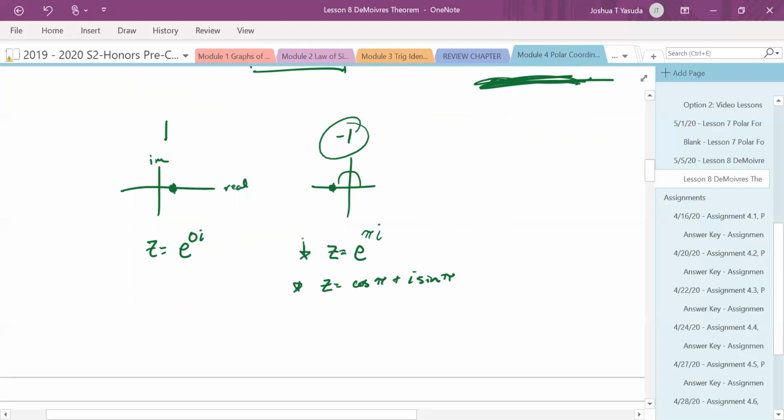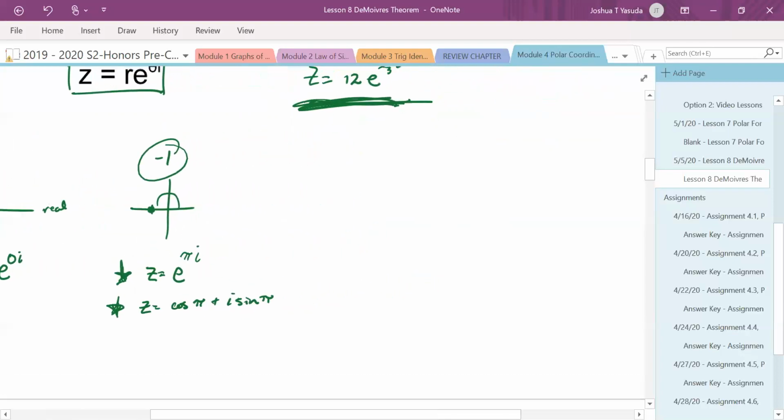Okay, so you have your exponential form, and then you just have your regular form of that. So let's try this one more time. Let's make one up. We'll go with 2 minus 2i. So if you're thinking, okay, where is that? That's in quadrant 4. And so then the radius, if you're good with your triangles, would be 2 rad 2.